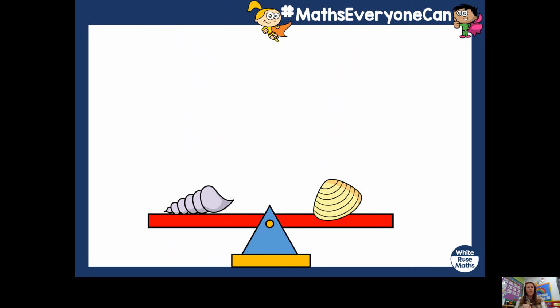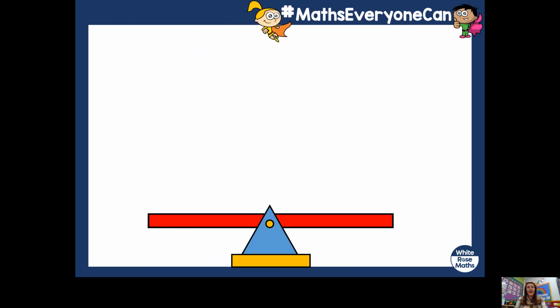No. Why do you think that is? Both the shells weigh the same, so therefore the balance scales won't tip because one shell is not heavier or lighter than the other. The shells weigh the same, so the balance scales stay the same. So both shells weigh the same.